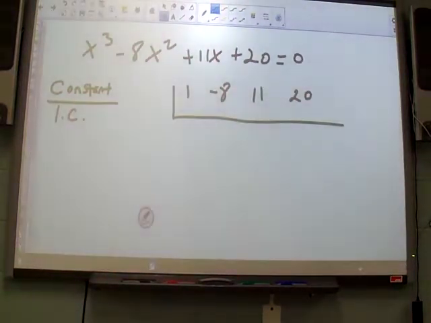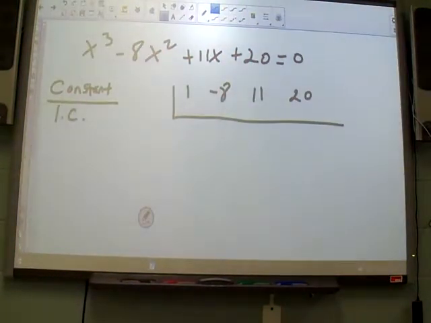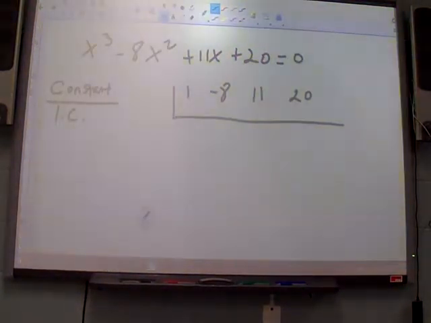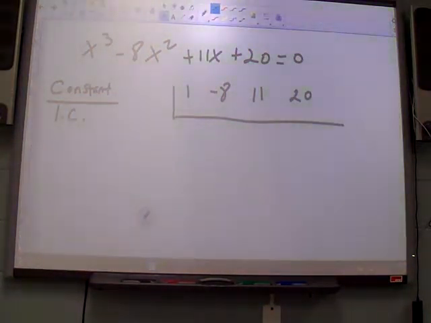Those are all of the possible things that will make synthetic division work. So possibly 12 numbers. If you're a bad guesser, you might try 5 of them before you find one that works.